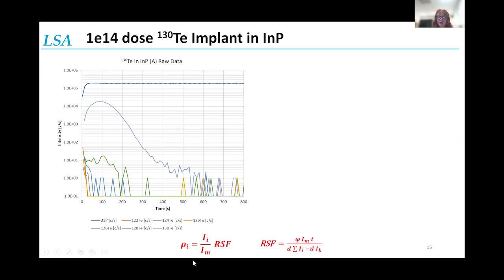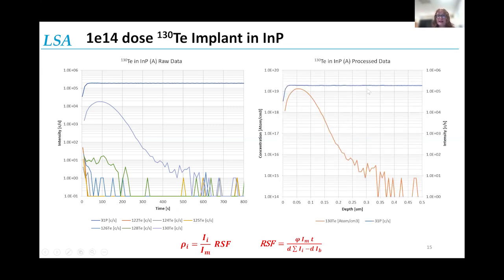And we can use these equations from earlier to quantify this and get a peak concentration, which we're then able to use to quantify any tellurium samples in the future. Not just 130, but we can use isotopic ratios to quantify 128 tellurium and all of the other isotopes of tellurium.